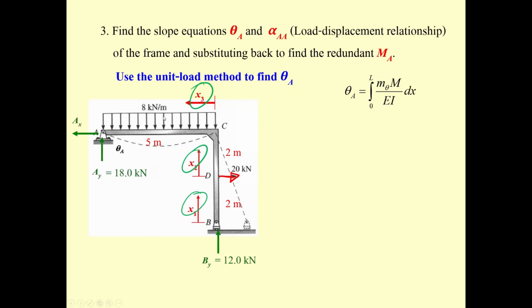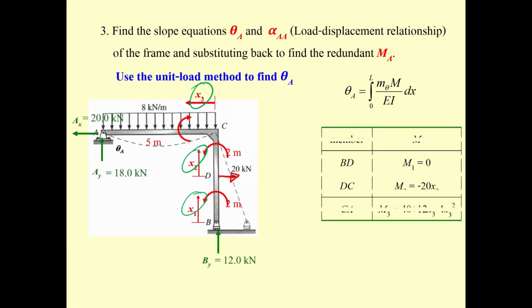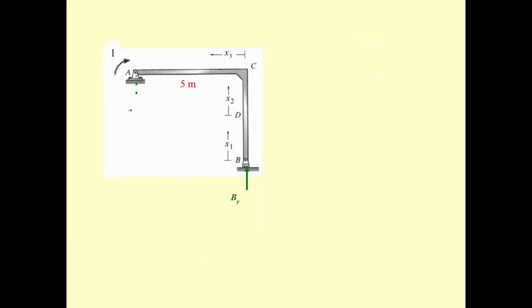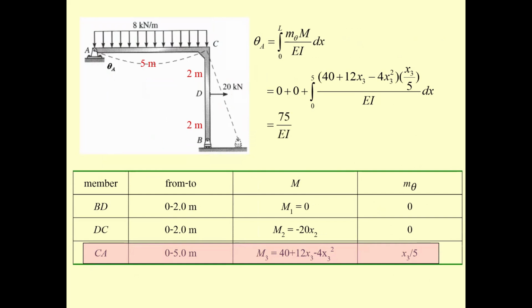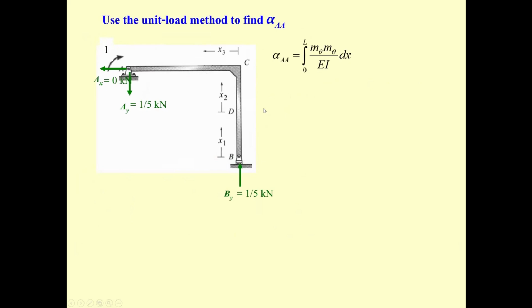And then you do the same thing: compute for the capital M and compute for the small m, and determine the slope. That means you assume a virtual moment in the correct direction. Then for the small m, for this case also, you determine the deflection due to the one unit load.